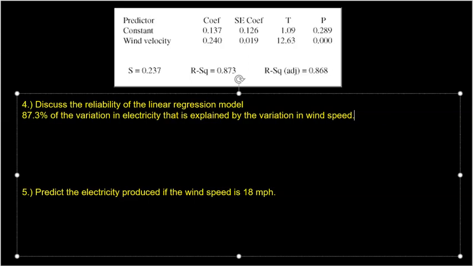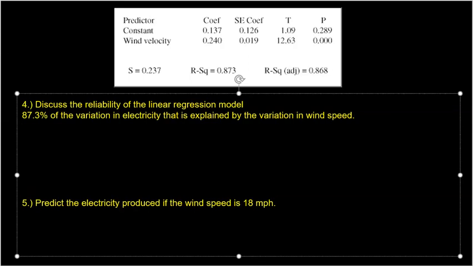So when we look at our data, we have lots of different electricity values in amps and lots of different wind speeds in miles per hour, and 87.3% of those different electricities is explained by the different wind speeds. So that's pretty strong, right? That's pretty good, right?